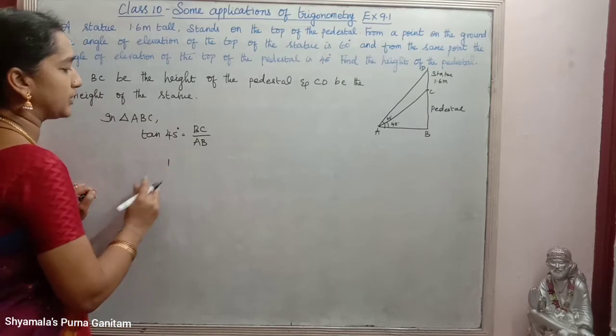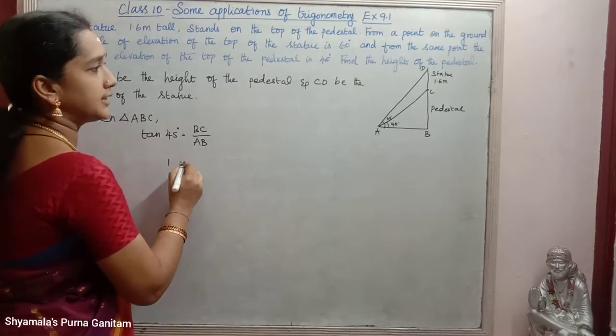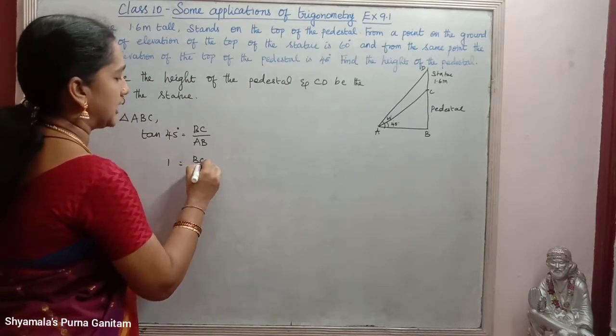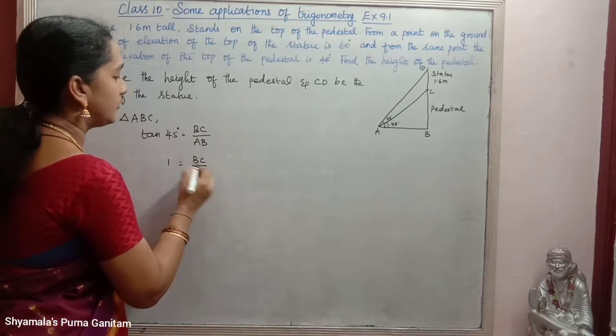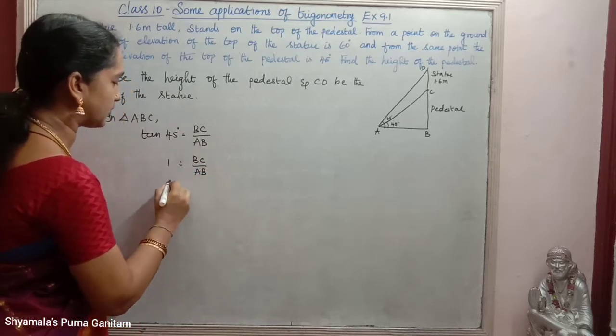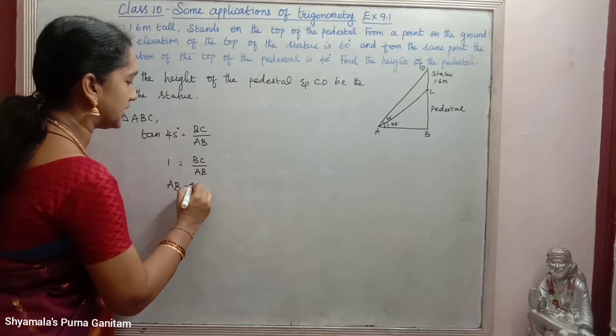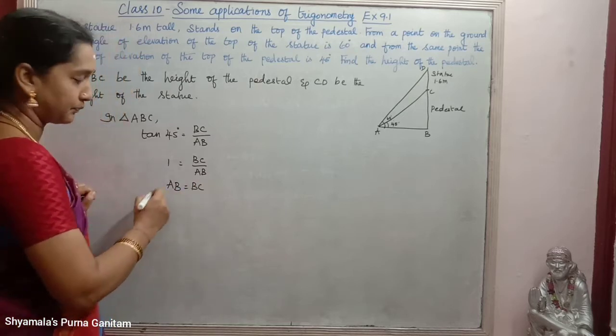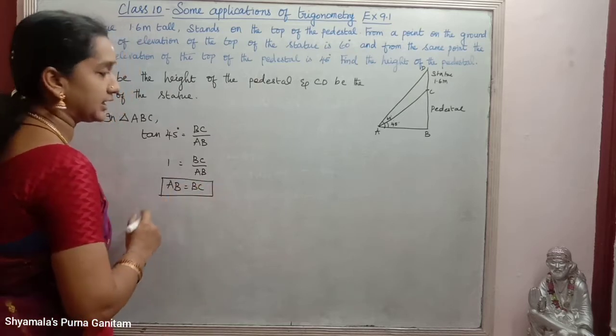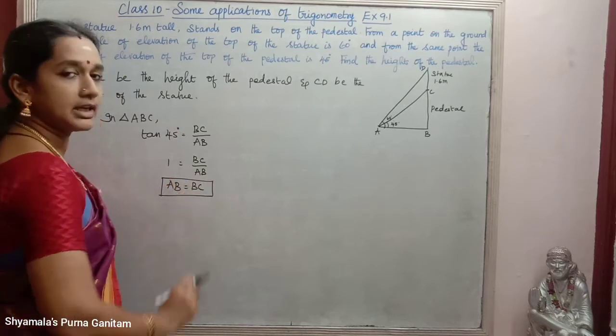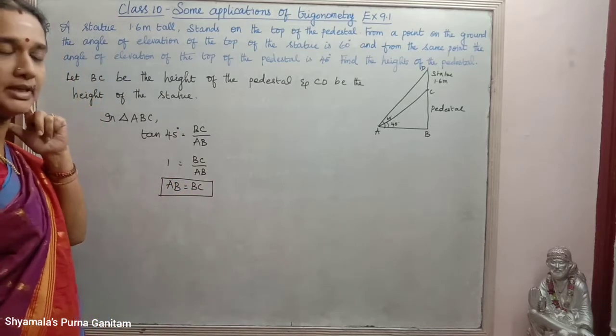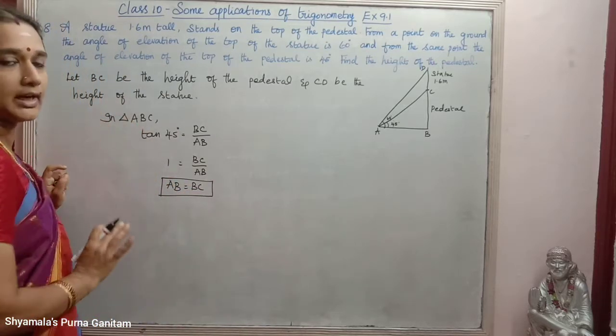Tan 45, we know, is 1. That is equal to BC by AB, and we don't know either. So when we simplify this, we get AB is equal to BC. Okay, so this is for triangle ABC.